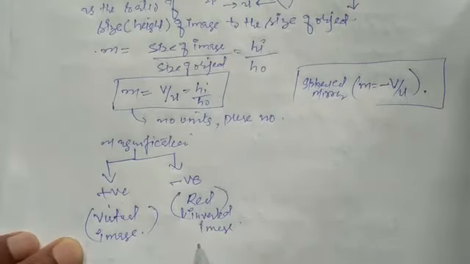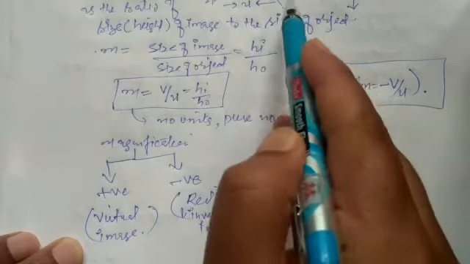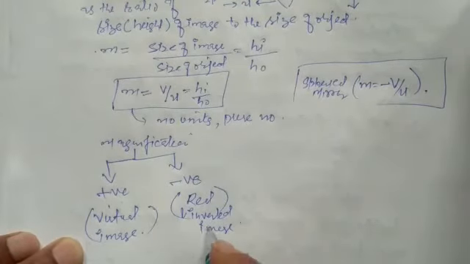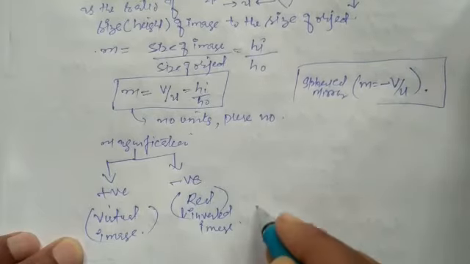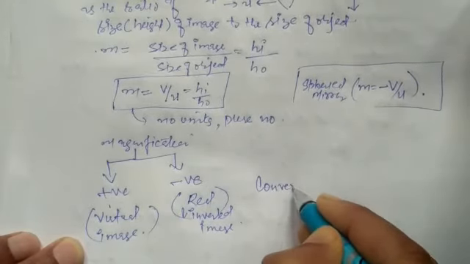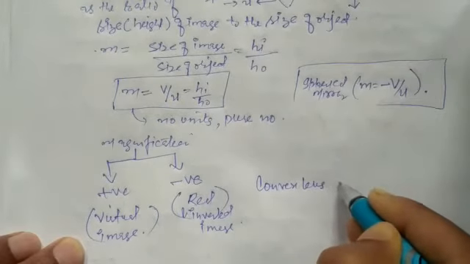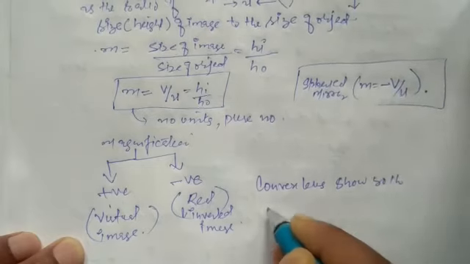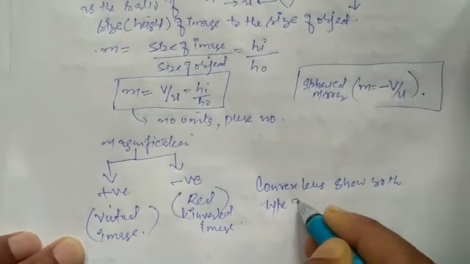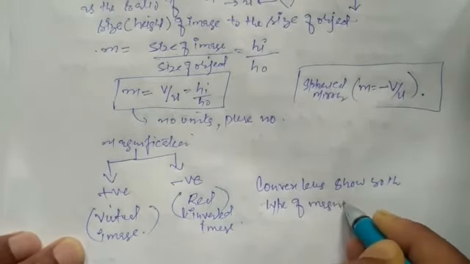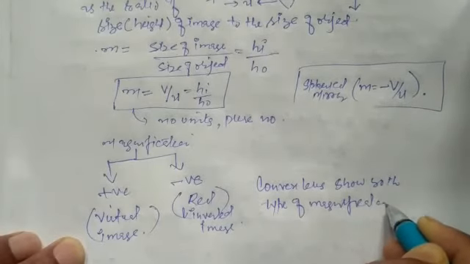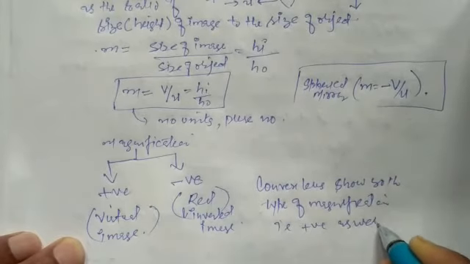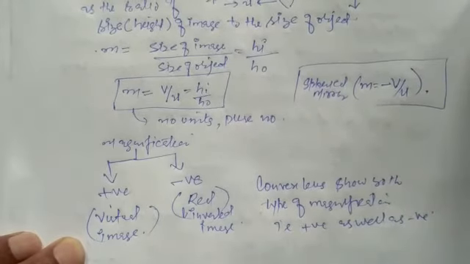So convex lens shows both types of magnifications, that is positive as well as negative.